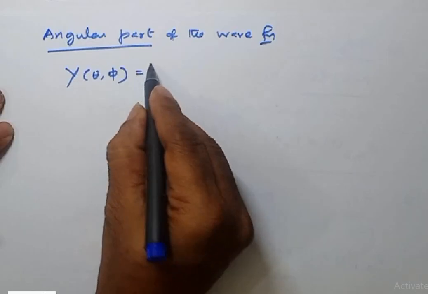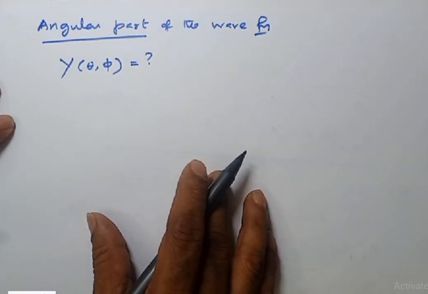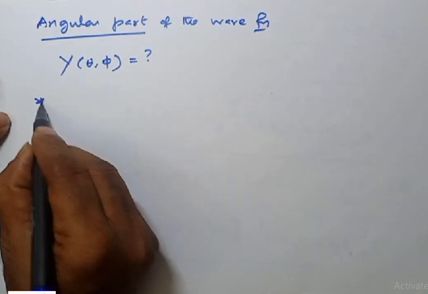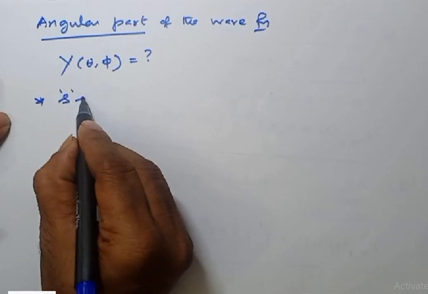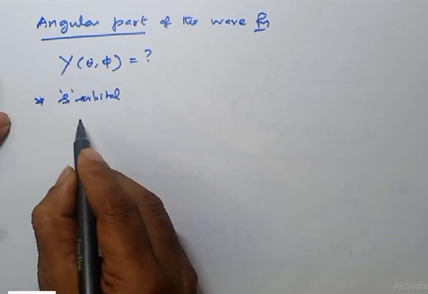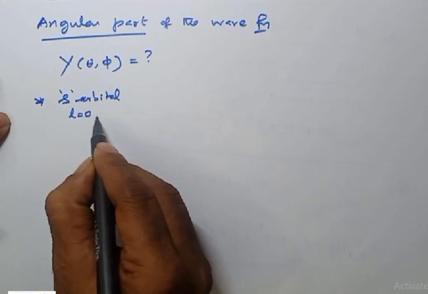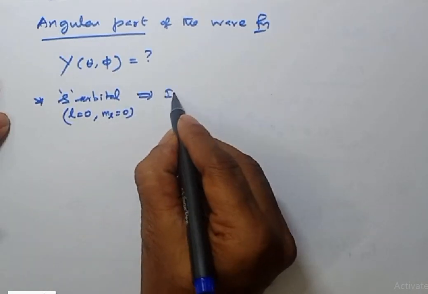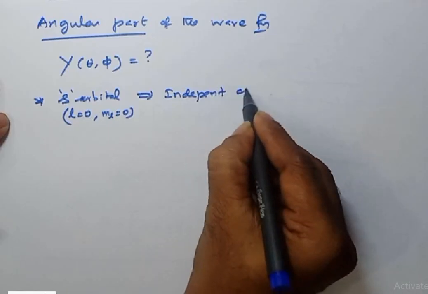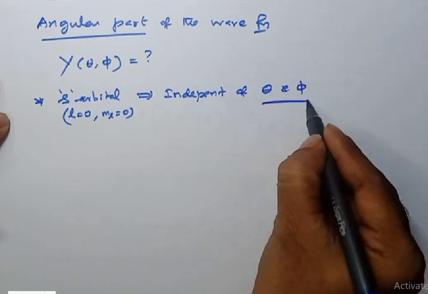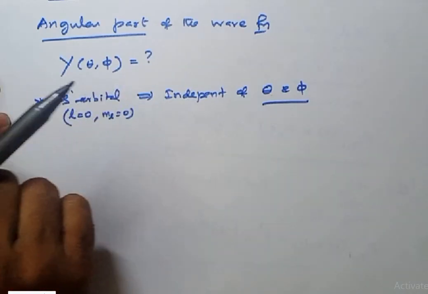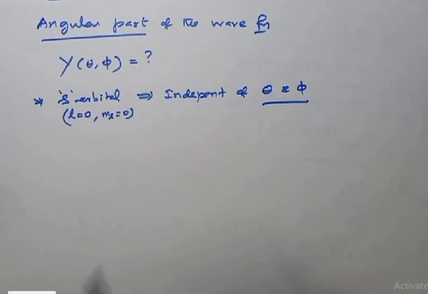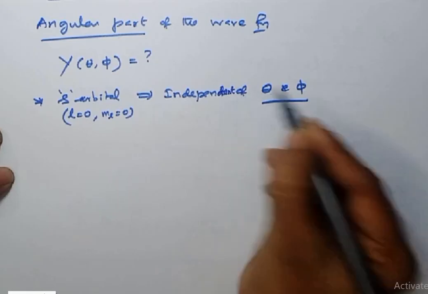Before going to see how to get the angular part, I'll give you some very useful information. First, for any s orbital, l value is 0 and m value is 0, therefore s orbitals are independent of theta and phi, which means in an s orbital we are not supposed to have a theta or phi part.